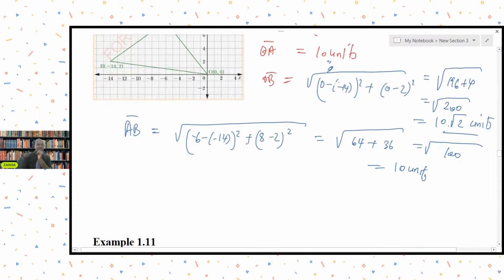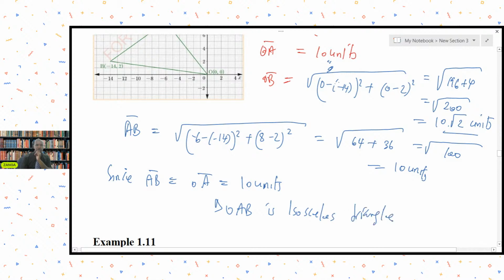From this, we see that since AB equals OA equals 10 units, triangle OAB is isosceles triangle.